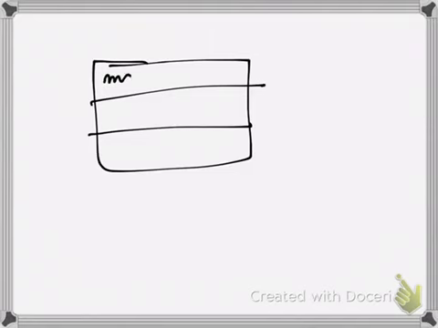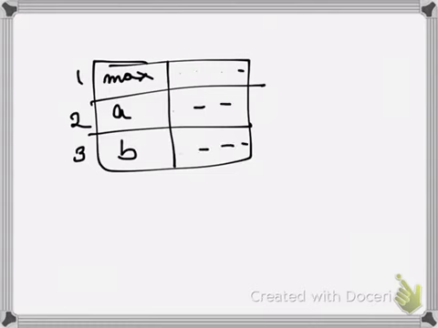ID 1 is max, location 1, A is ID 2, and 3 is B. Then in the symbol table you can have more attributes which define the type of A, the type of max, of B, and so on. So this is how we can take out the tokens from a given source program.